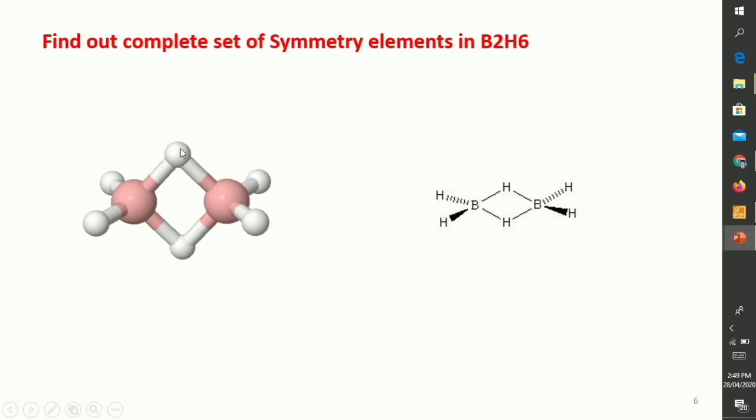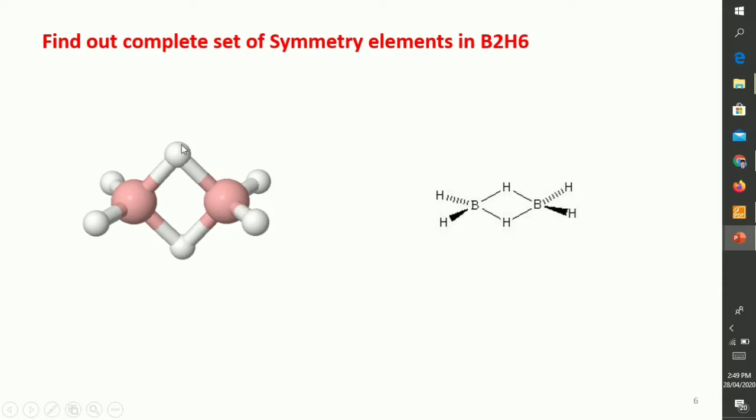If you pick this molecule and rotate clockwise or anti-clockwise, you will find an indistinguishable shape, and this is the C2 axis of rotation for diborane. There is another C2 present, which is this axis of rotation. If you rotate this molecule about this axis, you will definitely find another indistinguishable shape of diborane, which is included in its symmetry operations.